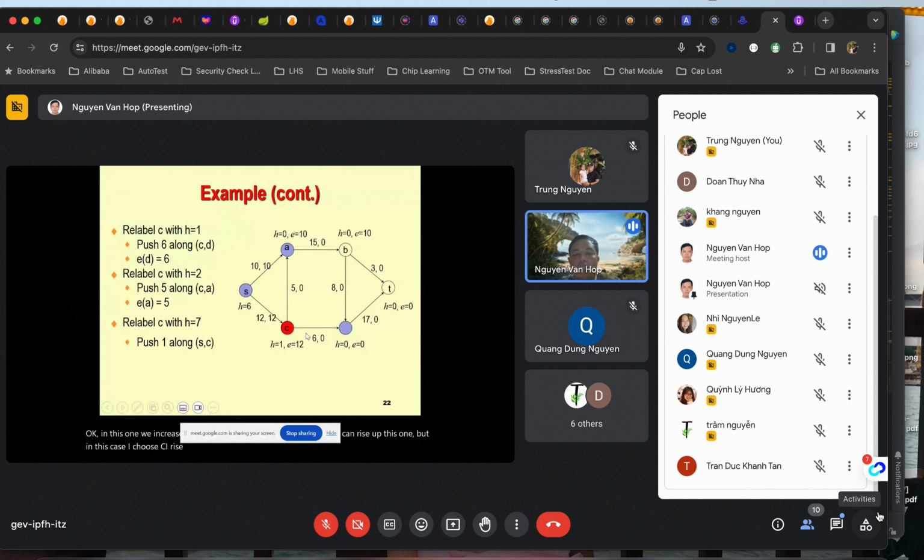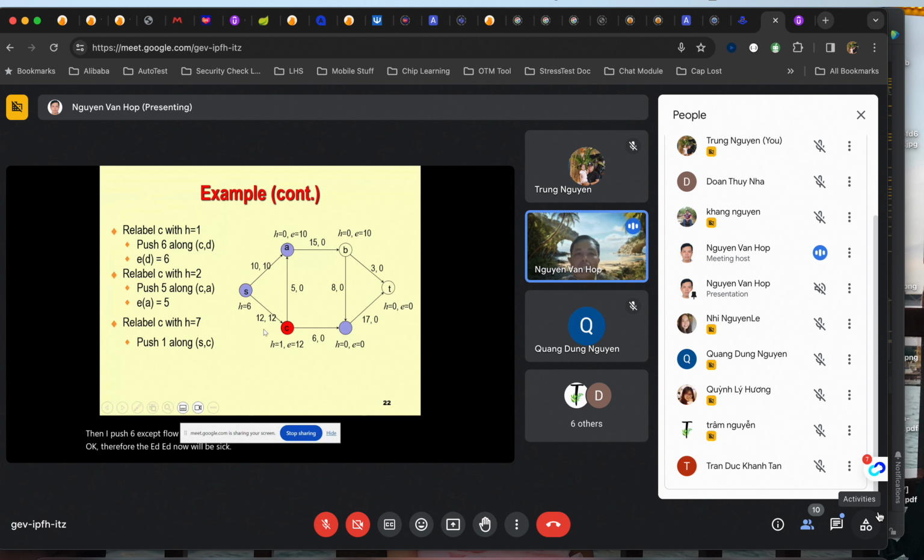Okay, I rise up the height. Therefore, with this one, I push because this height is 1, this is 0, therefore I can flow here. Okay, I push from C to D. Then I push 6. It sets the flow to 6. Okay, that's it. For ED now it will be 6.